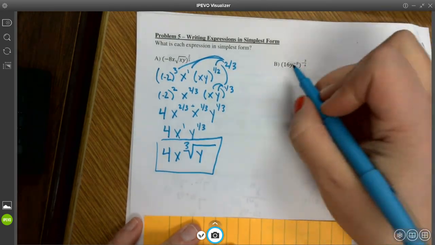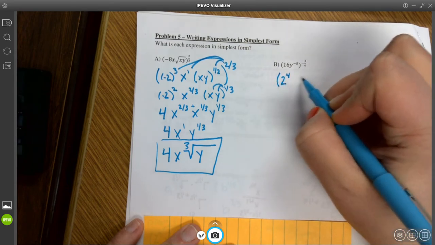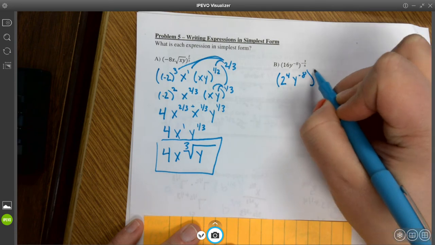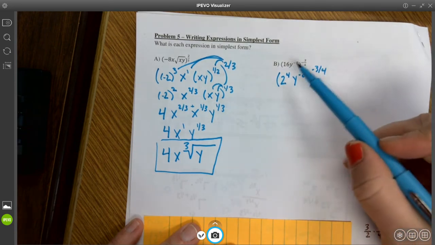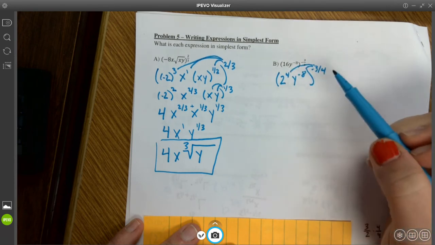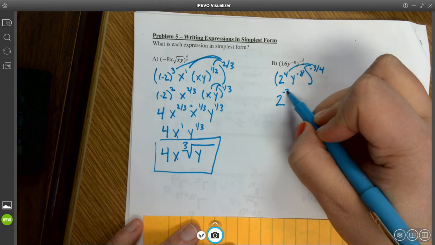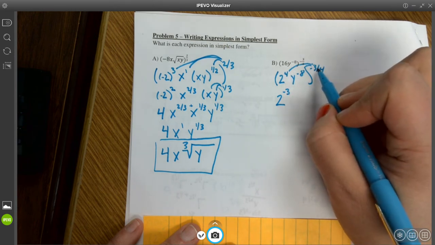So here, I'm going to rewrite 16 as 2 to the 4th. All I did from here to here is 16 is 2 to the 4th. Power to a power, you multiply. So I have 2 to the negative 3. 4 times negative 3/4 is negative 3.